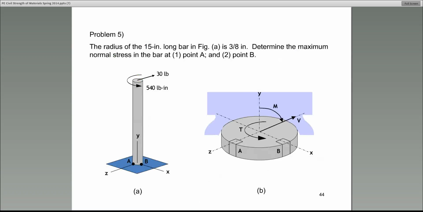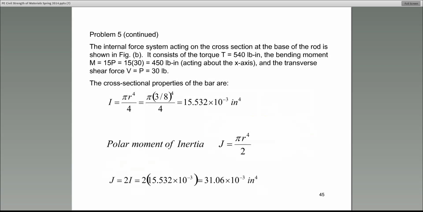This is all that I wanted to cover. This problem 5, it was not my intention to cover this because problem 5 is not something you should worry about for the breadth part of the exam.